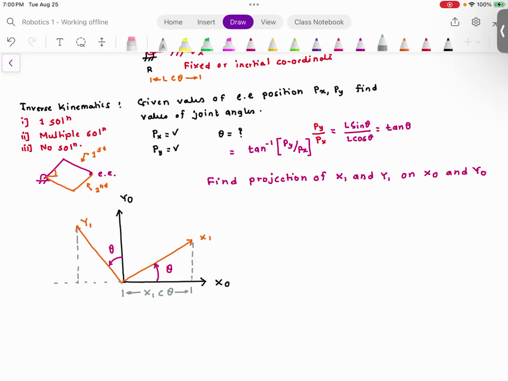You agree with me that this distance is going to be y1 sine theta, because this guy is y1 sine theta. Do you agree with me?